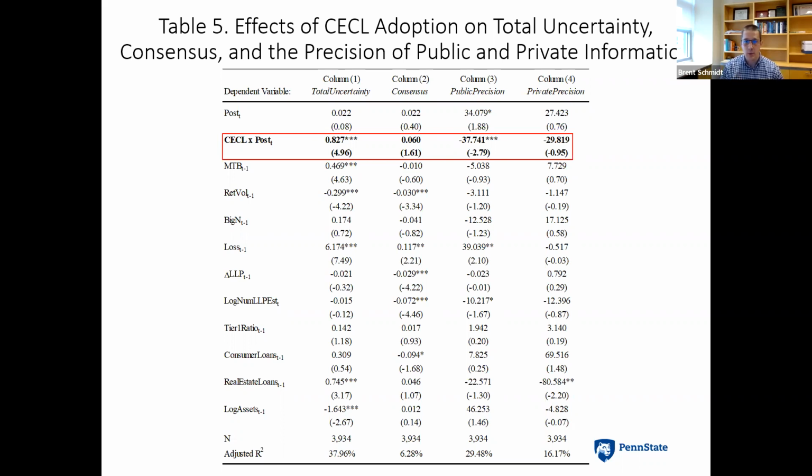And when we look, there are some additional assumptions you have to make to further decompose this into public precision versus private precision. We find a decrease in the precision of public information. So it does seem to be driven by these public signals, this public information, rather than a change in the private information gathering.